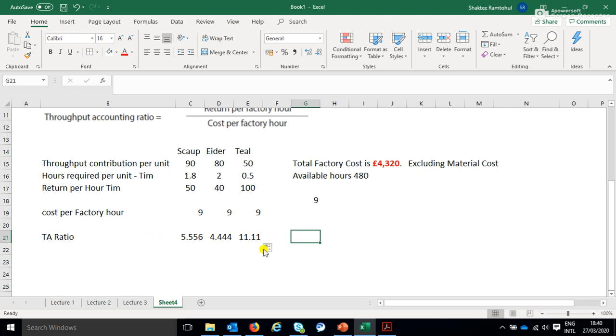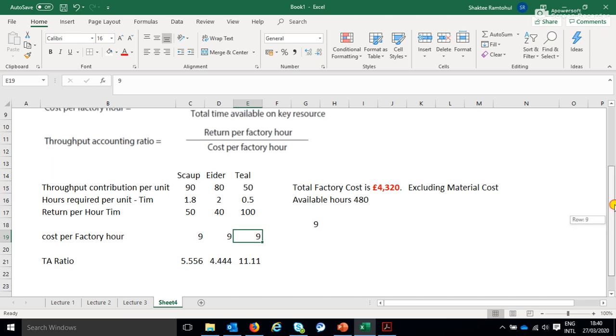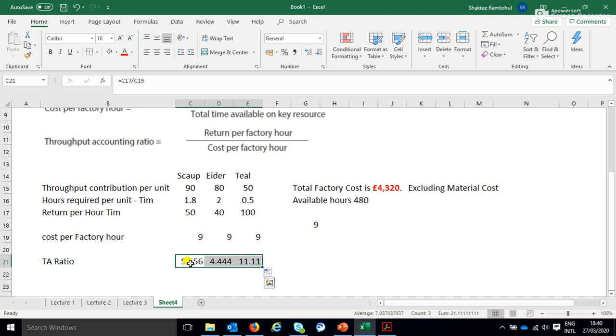What we're saying is, if it costs £9 to run the factory, and the formula is return per factory hour divided by cost per factory hour, we want a return which is higher than the cost of running the factory. You can see it makes sense in all our cases, and remember, we have already ranked these before.